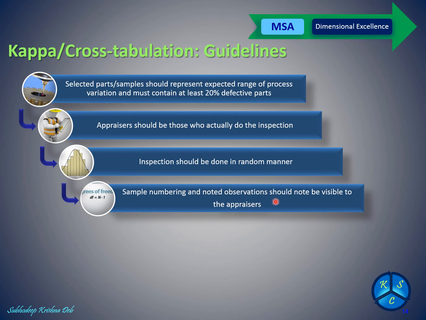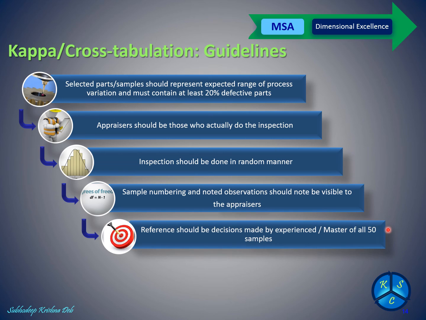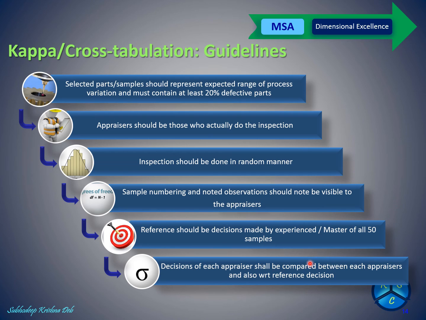Sample numbers and the noted observations should not be visible to the appraisers. These we have all discussed in the previous studies also. The reference should be a decision made by the experienced person or master for the 50 samples, and the decision of each appraiser shall be compared between each appraiser and also with respect to the reference decision. So these are the guidelines. With this we complete the kappa method.